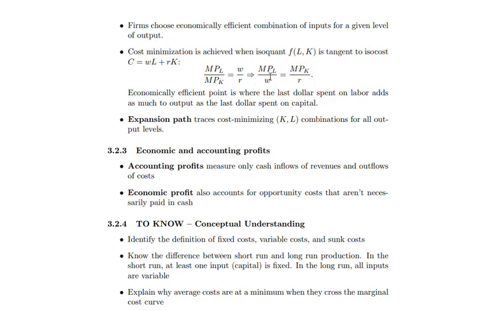That means the marginal product of labor over wages should equal the marginal productivity of capital over rent. So the economically efficient point is where the last dollar spent on labor adds as much to output as the last dollar spent on capital.